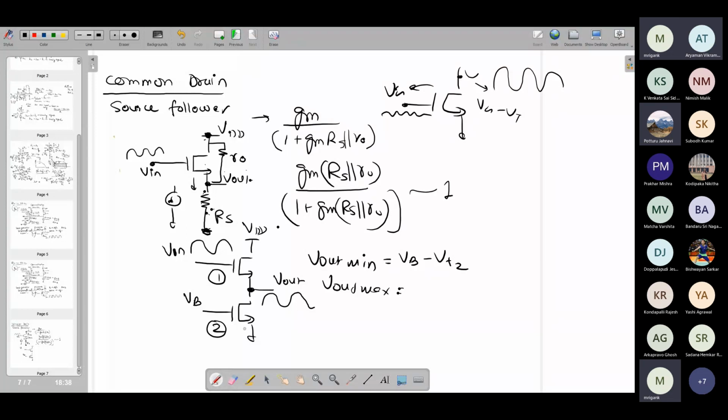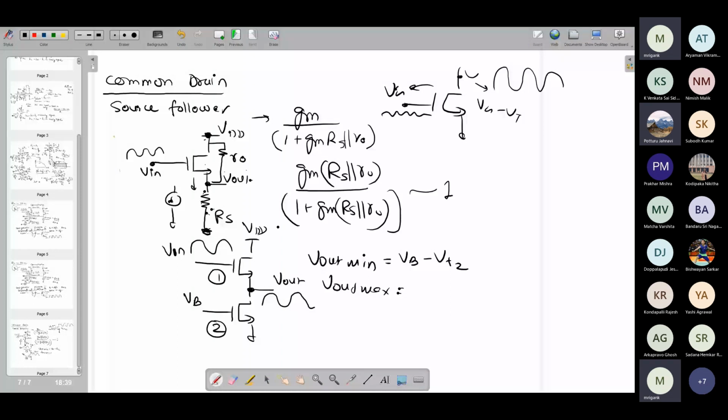In this circuit, V in can go all the way to VDD. If V in goes to VDD, is there any problem? This MOSFET will still be in saturation. In fact, ideally it can go higher than VDD also, up to VDD plus VT. So the maximum voltage ideally is VDD. The maximum gate voltage allowed is VDD plus VT, assuming you are limiting yourself to VDD.